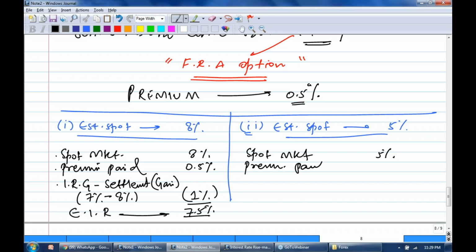Premium you have already paid, and interest rate guarantee settlement is nil, because you have lost it. The option lapses, and the answer is 5.5%.